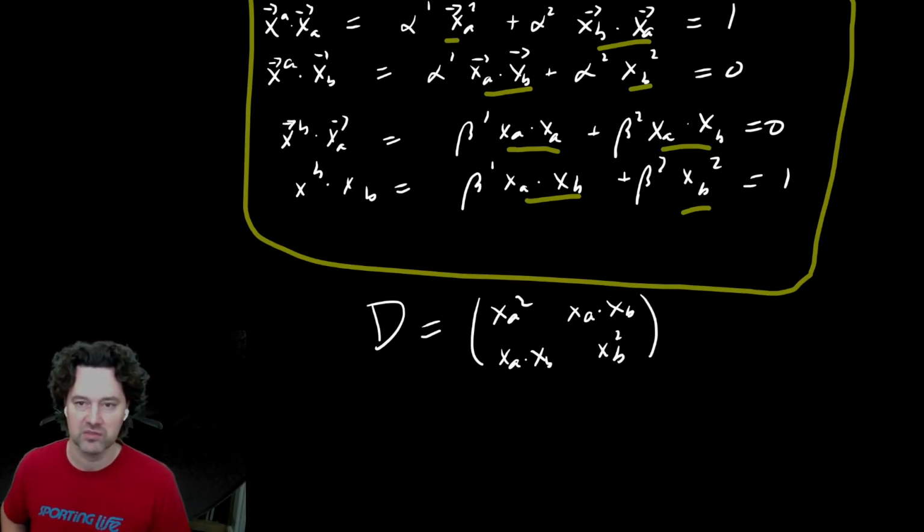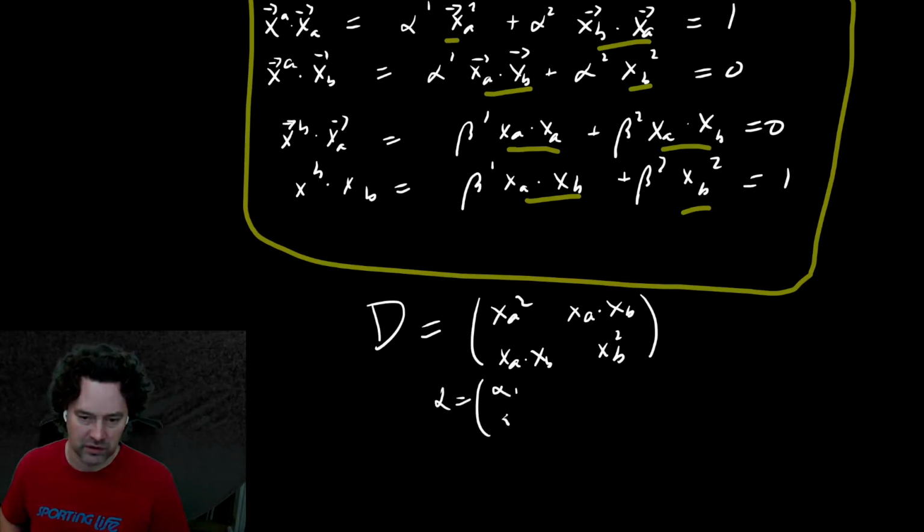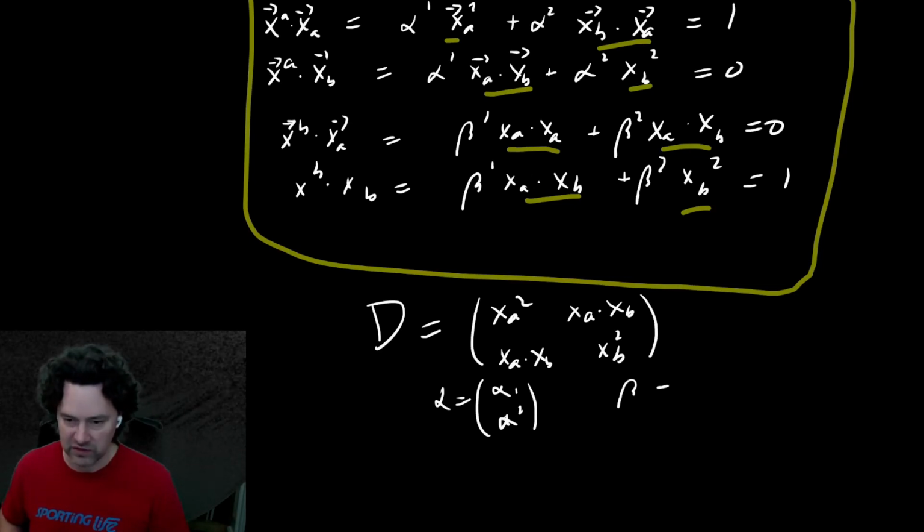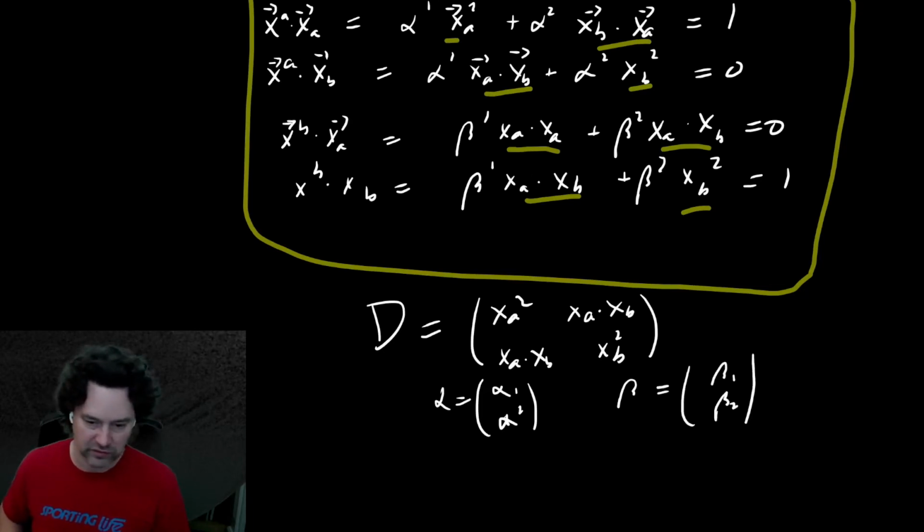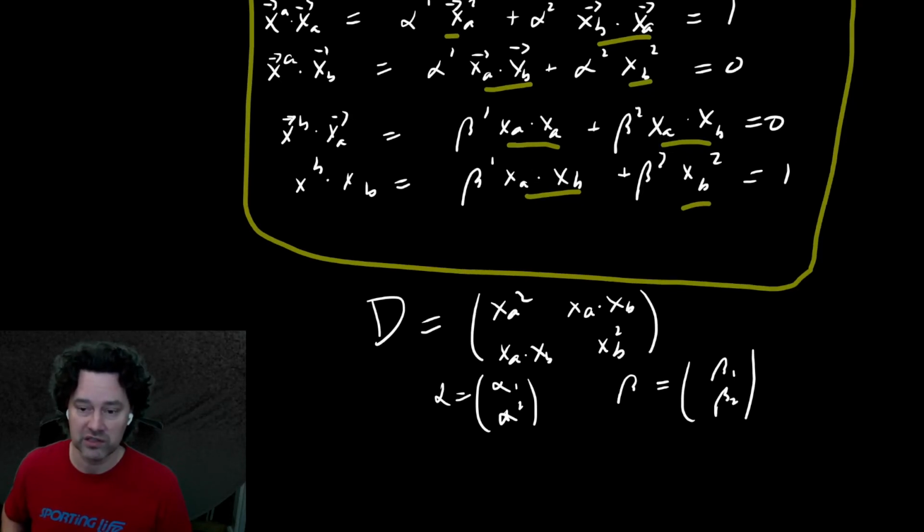So now our system to solve, and let's write alpha as a vector is alpha 1, alpha 2, and beta as a vector is beta 1, beta 2. And I've put my indices downstairs, but that's not really going to matter. So our system to solve is going to be D alpha equals 1, 0, and D beta equals 0, 1.